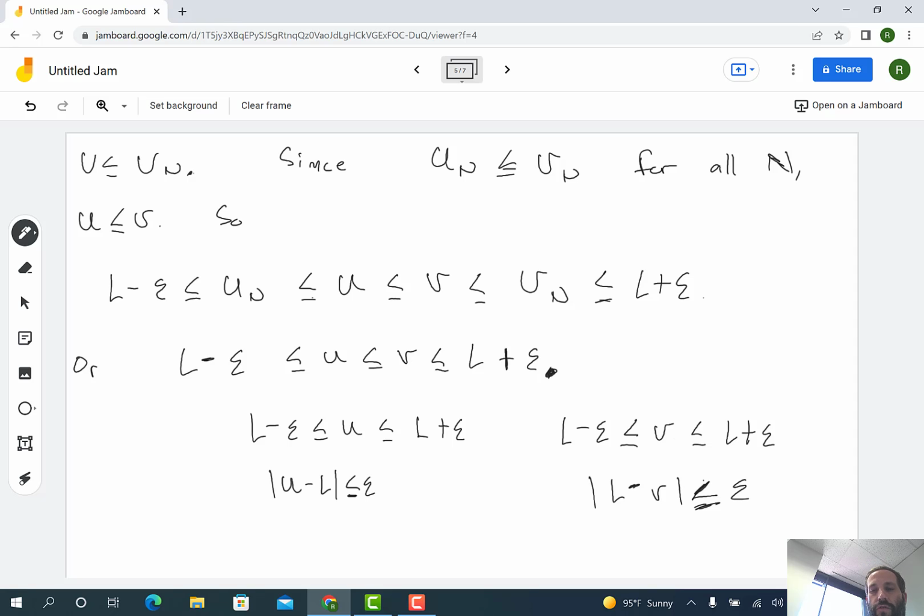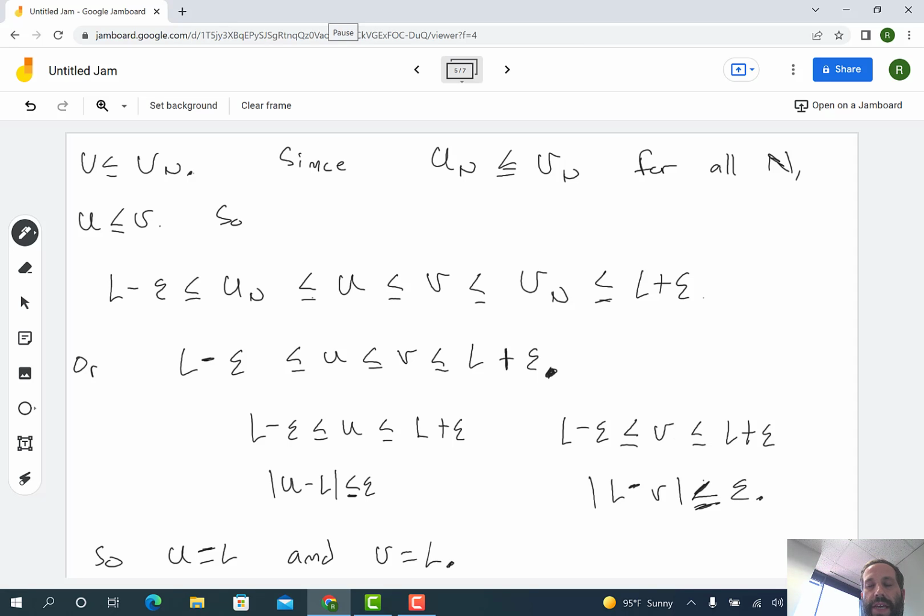Okay, and again, this is true for every epsilon. So this tells us the absolute value of U minus L is equal to 0, and the absolute value of V minus L is equal to 0. So U equals L and V equals L. So that's the end of the proof.